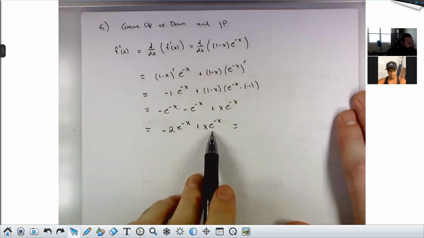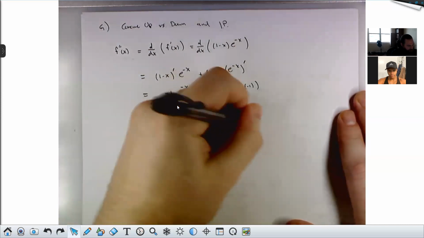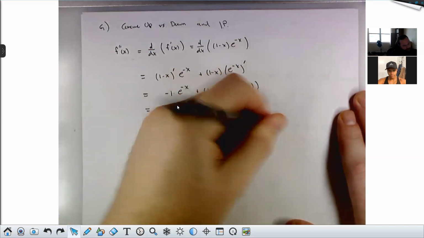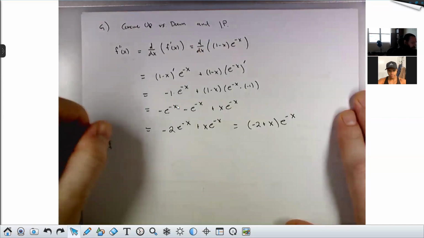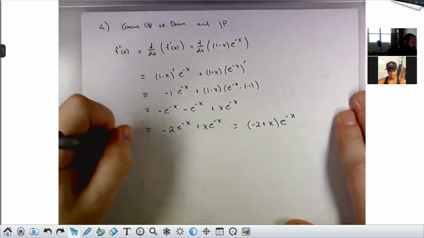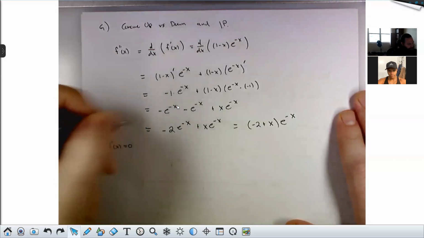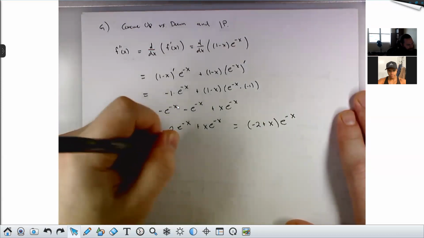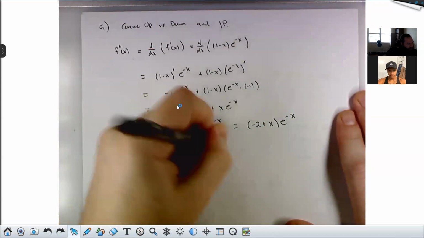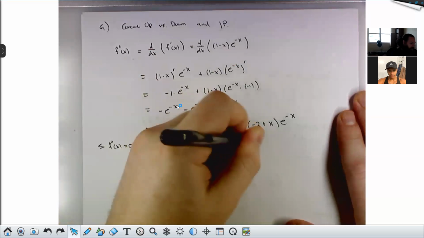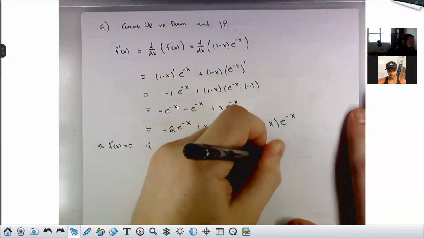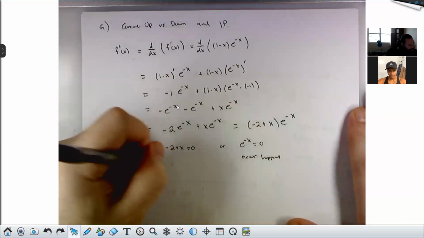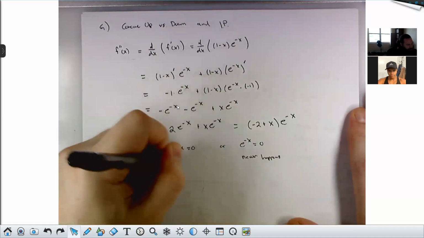And if I factor out my e to the negative x, I get negative 2 plus x times e to the negative x. So f double primed of x is equal to 0 if negative 2 plus x equals 0, or e to the negative x equals 0. Again, this never happens, but this one will happen if x is equal to 2.